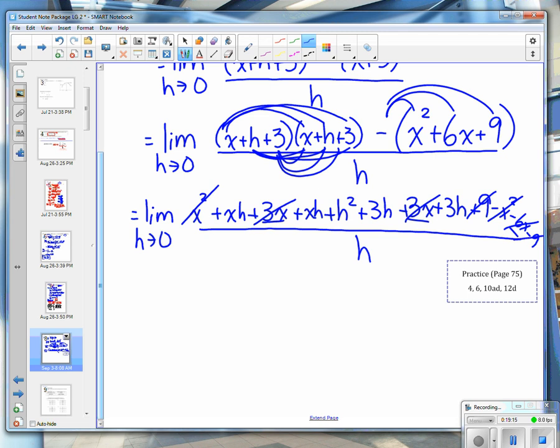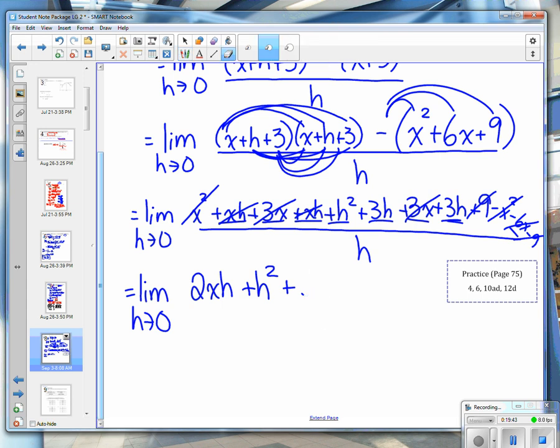And then if I just simplify what's left over, h approaches 0, I've got xh plus xh, so 2xh. I've got my h squared, and then I've got plus 3h. Oh, I'm sorry, plus 6h. I forgot this little guy over there. So plus 6h. And all of that is being divided by h.